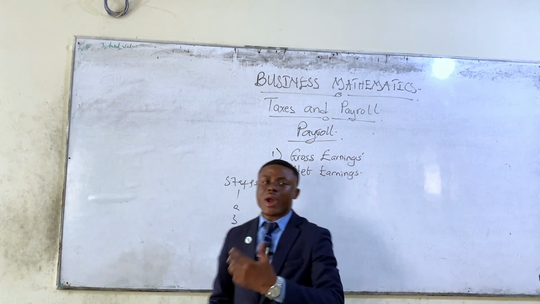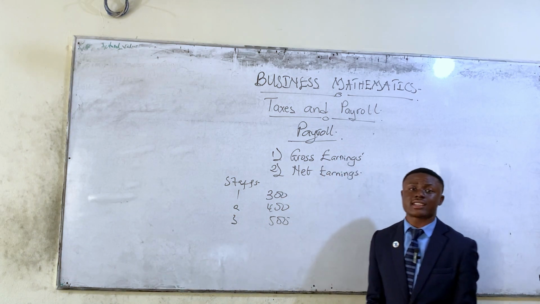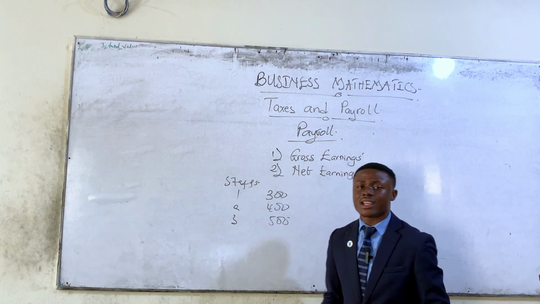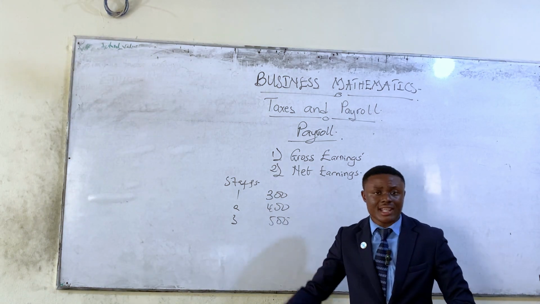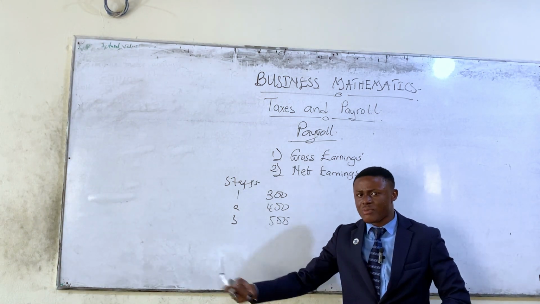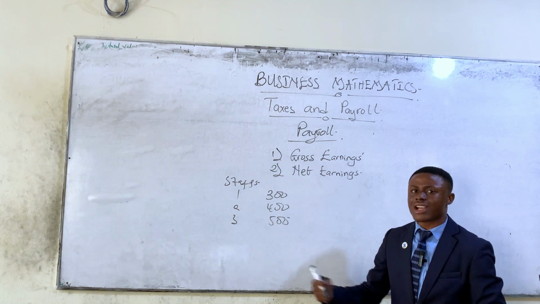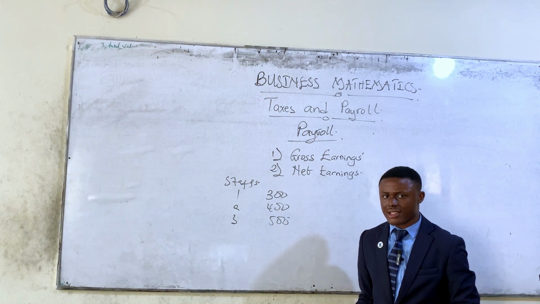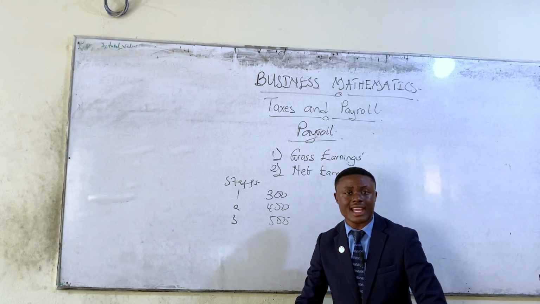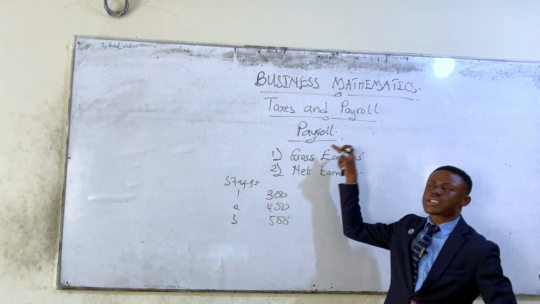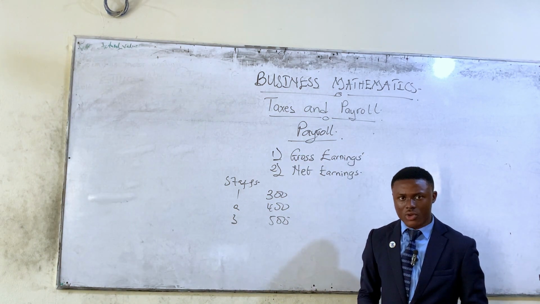So in case you are working in an organization and they gave you an income of, let's say, 1,000 cedis, before you start spending the money, you start to make deductions. You get it? So the money that you receive before deductions are made is what is called gross earnings. Are we good?